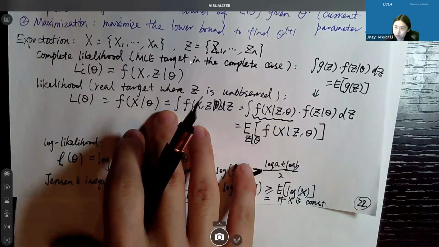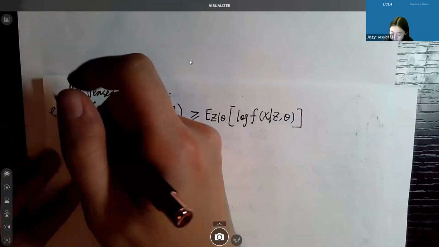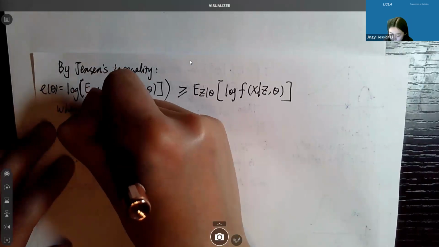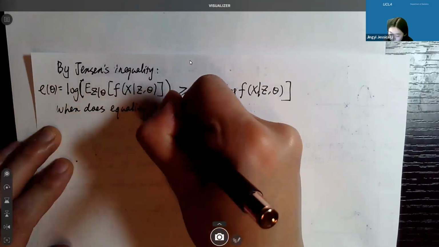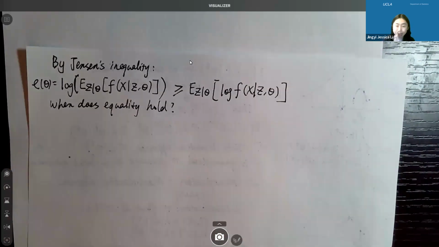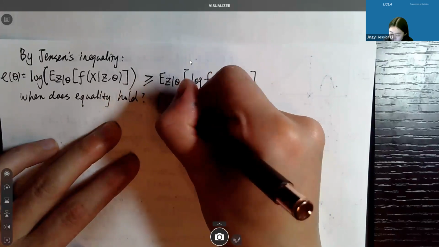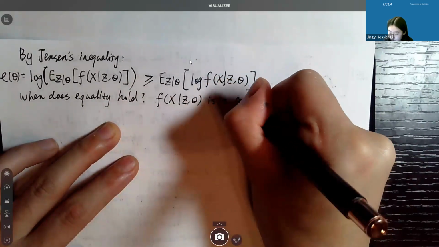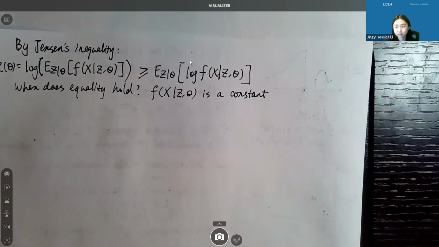That's the question we want to address. Okay, so when does equality hold? That's the case that f x given z theta is a constant.